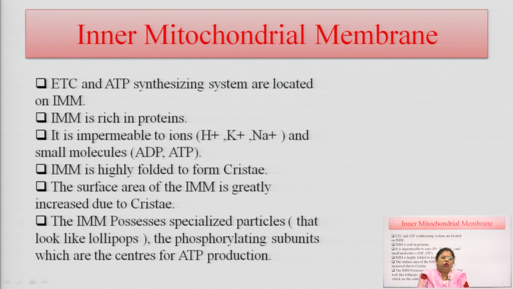This inner mitochondrial membrane is rich in protein and is basically impermeable to ions like hydrogen ions, potassium ions, sodium ions, and some nucleotides or smaller molecules like ADP and ATP. The inner membrane is highly folded to form cristae, which greatly increases the surface area.